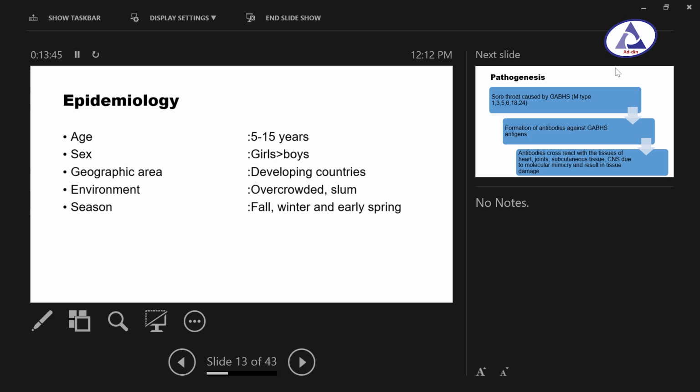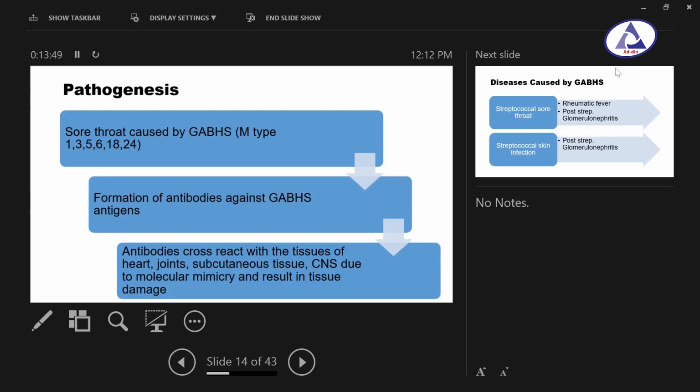So what will be the pathogenesis? We also saw the sore throat of this patient, tonsillitis, caused by group A beta hemolytic streptococcus and some strains, that is M-type 1, 3, 5, 6, 18 and 24. So antibodies are formed against the group A beta hemolytic streptococcal antigens.